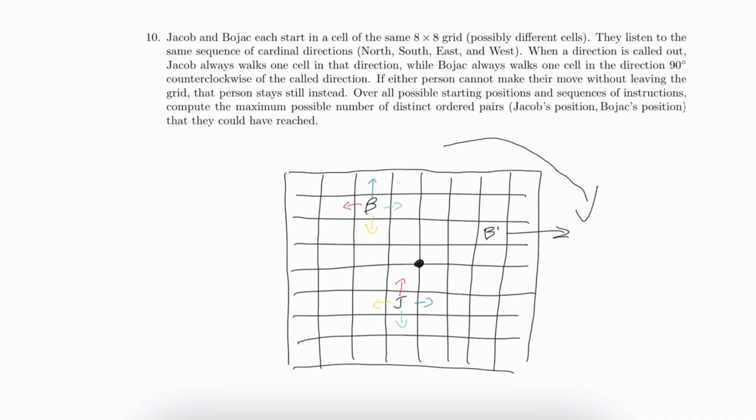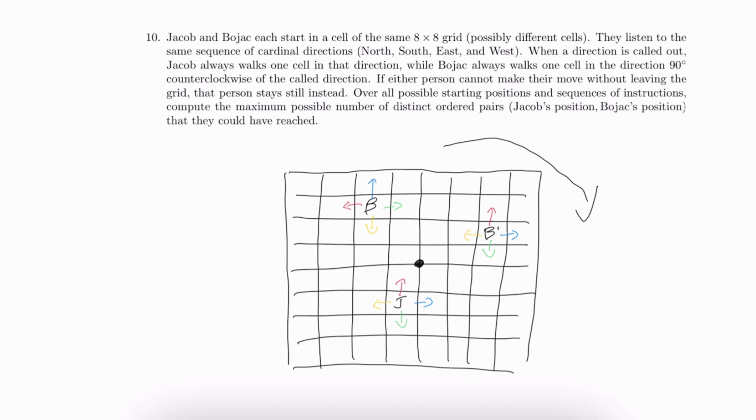So all his sense of direction will also be rotated by 90 degrees, and in particular, it will now look like this. And now what we have is that B prime's sense of movement is now in sync with Jacob's.